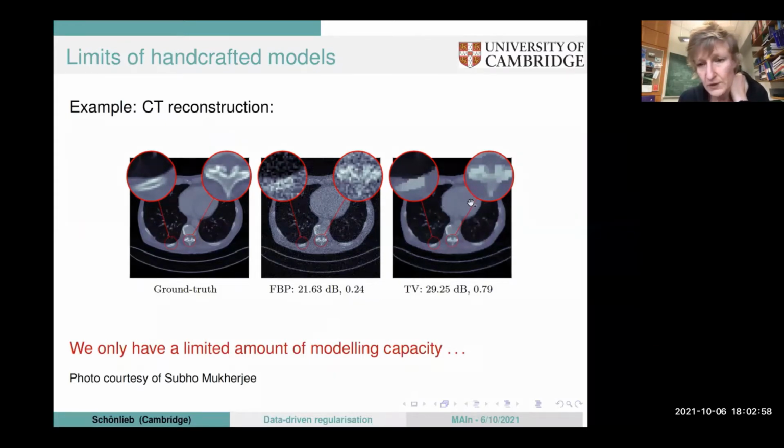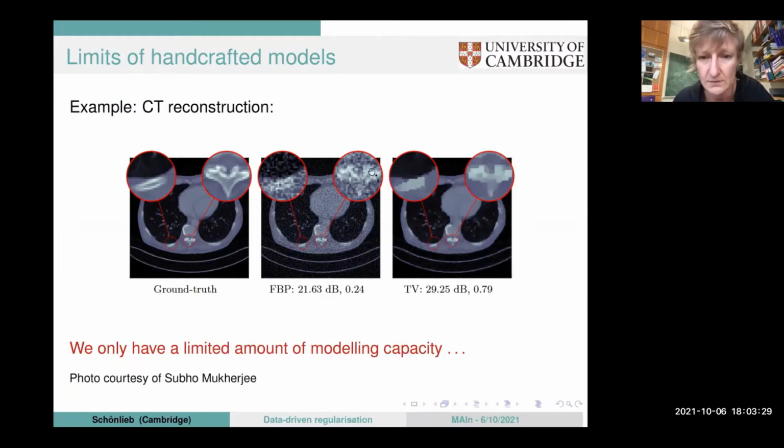If you look at this and compare it with the ground truth, fair enough, we had bad measurements, so we can't expect to get something that looks exactly like the ground truth. But you might also appreciate, when looking at the unregularized reconstruction, that maybe if we had chosen a better fitted regularization, we might have gotten out a bit more detail.